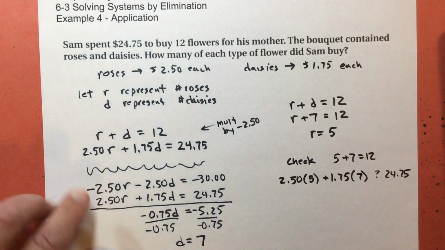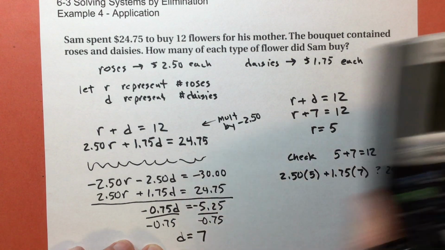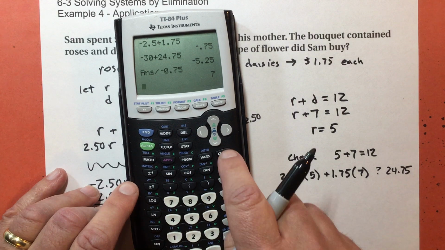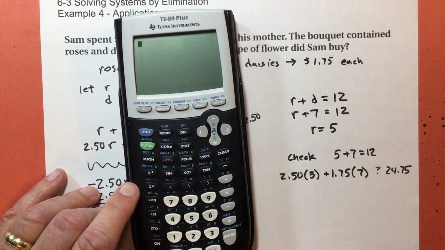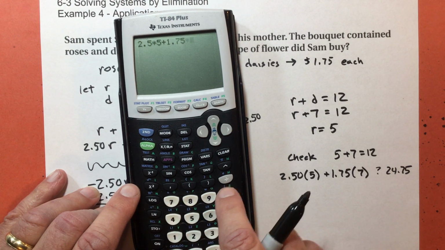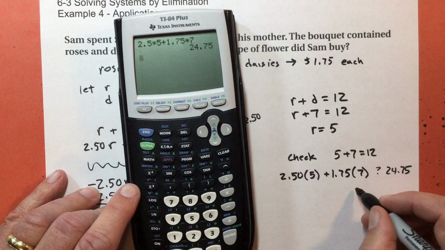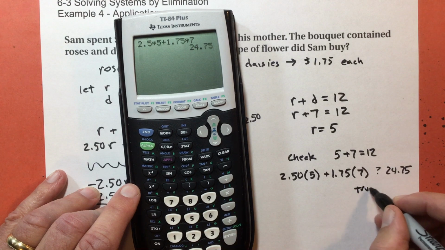And I'm going back to the method of checking that I used in substitution, where I'm replacing the variables in both of the equations, right? It just made more sense with this one because that first one was easy, you could do in your head. So I got 2.5 times 5 plus 1.75 times 7. That equals 24.75. So that is true.